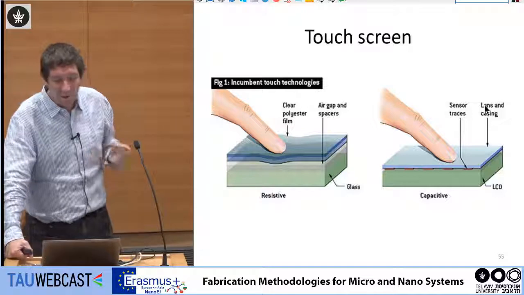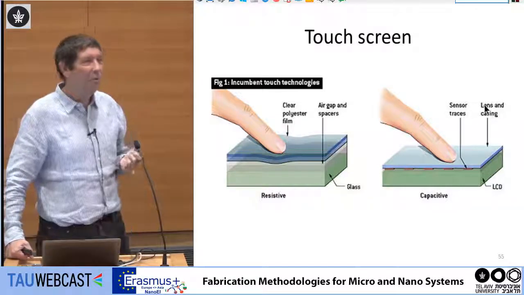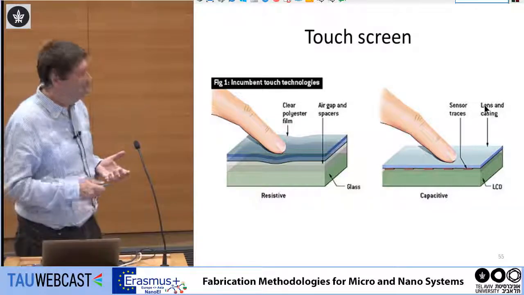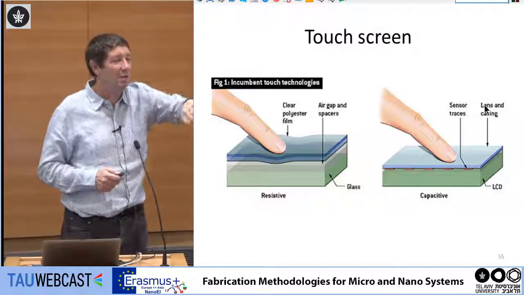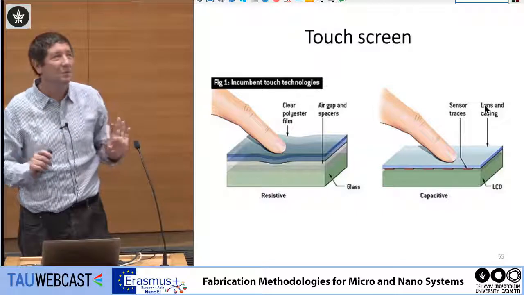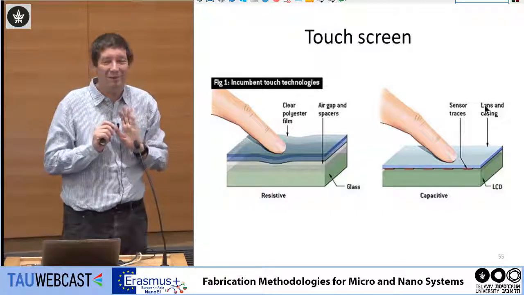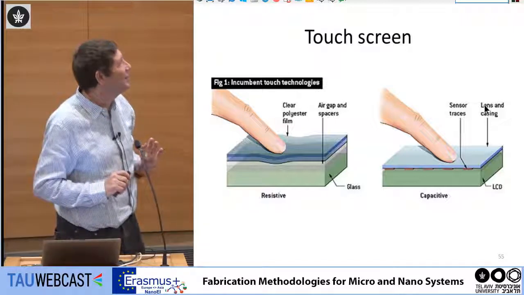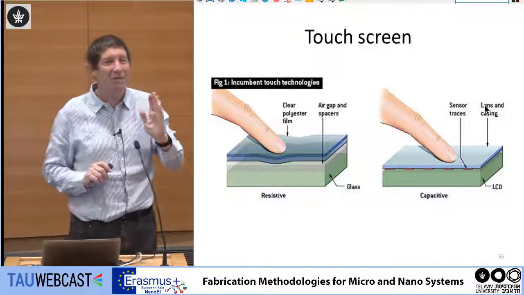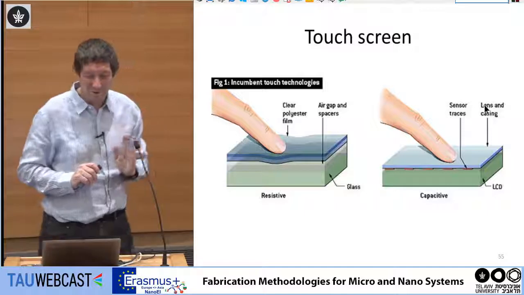But how do you do it? So there are two major families today for touchscreens, and I'm going to give you a little bit of detail. We have 15 minutes at the end of the lecture, so this is kind of an interesting experiment. I choose one type of sensor, and let's go a little deeper.